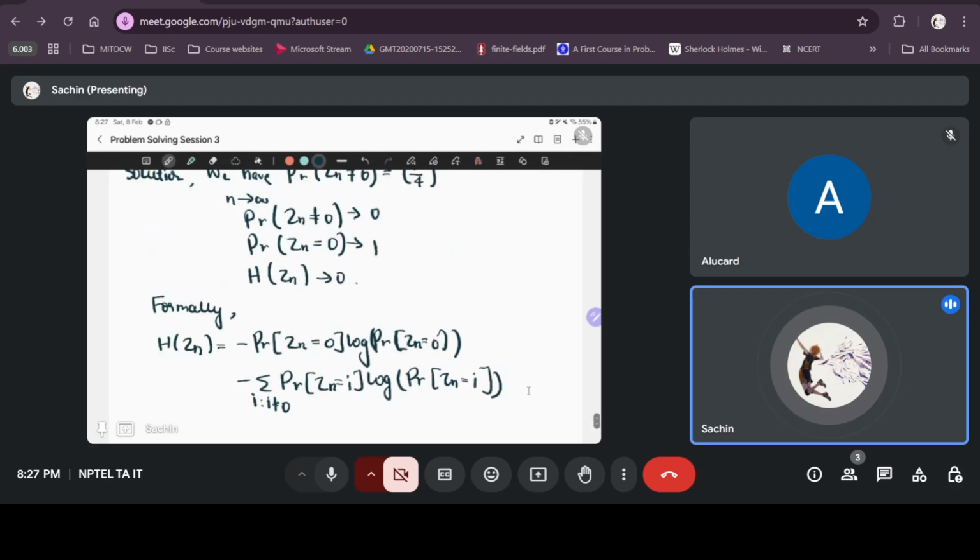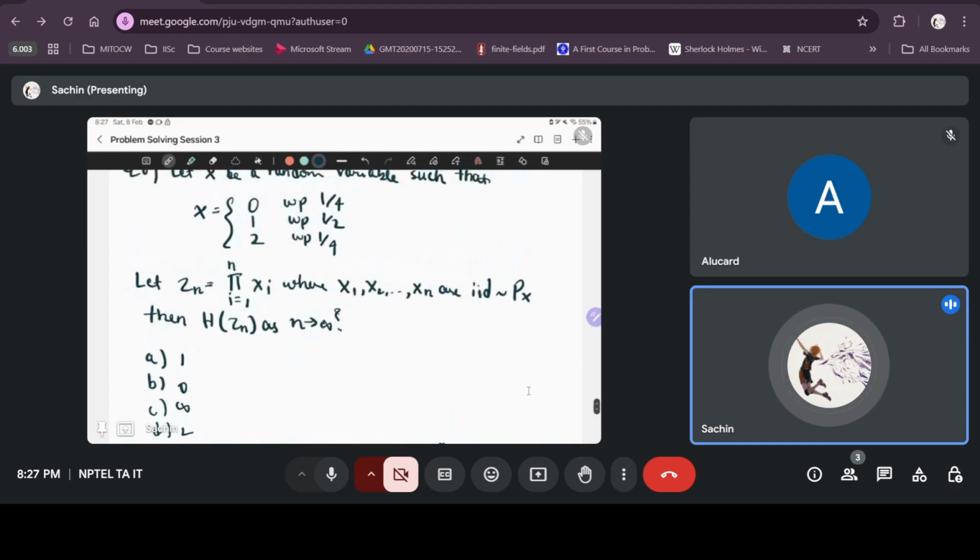So if i is not equal to 0, each of the xi's takes either the value 1 or 2.